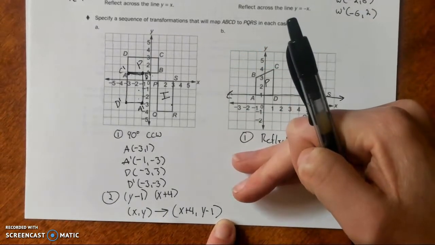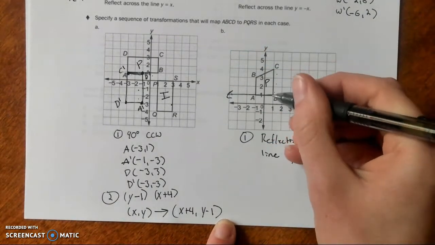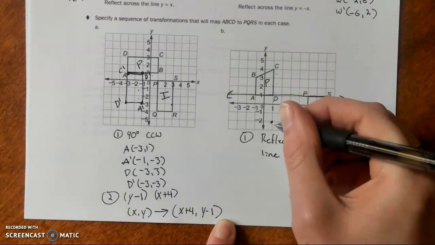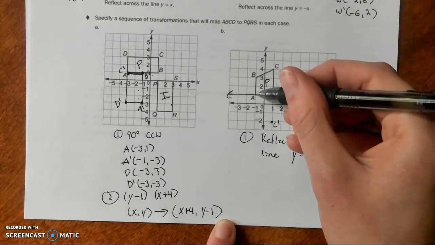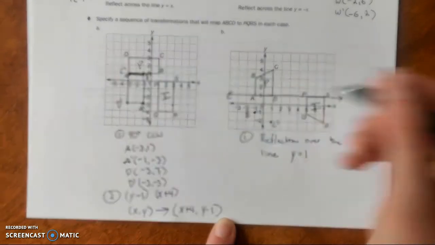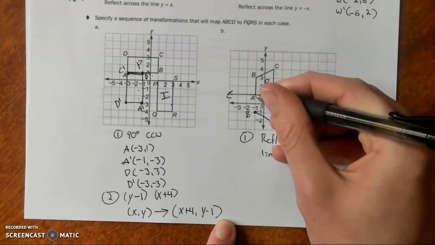It flipped over it. So this is 1, 2, 3 boxes. So 1, 2, 3, that's where the new C would be. And then this is 2 boxes. So 1, 2, that's where the new B would be. And then you can connect your dots. This is kind of like the step in between.